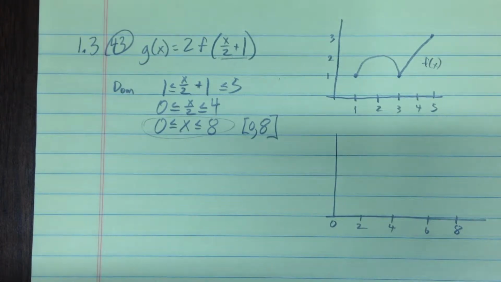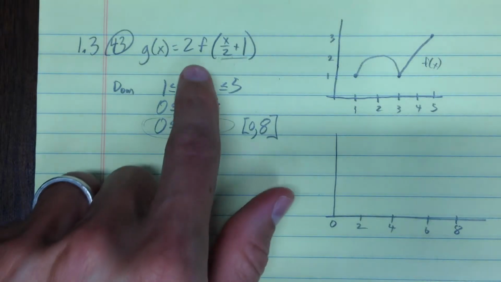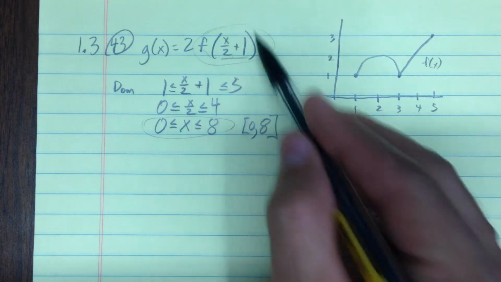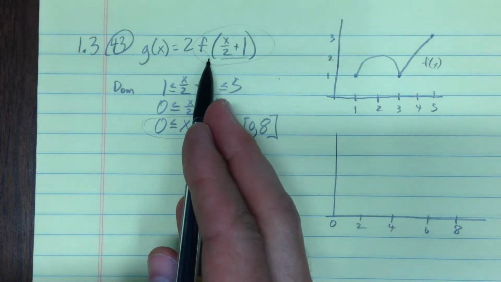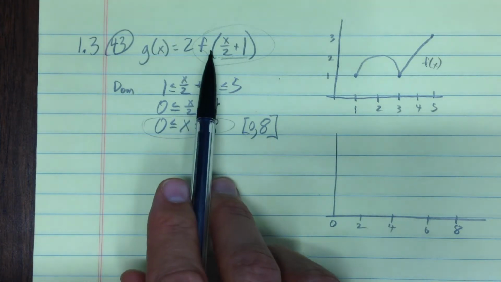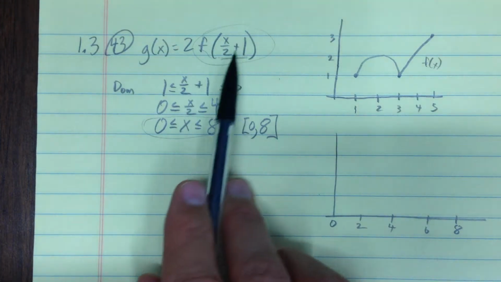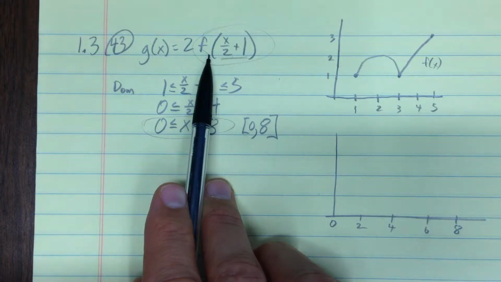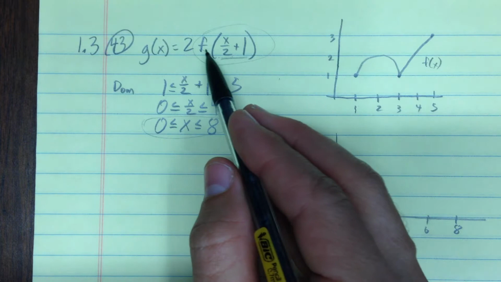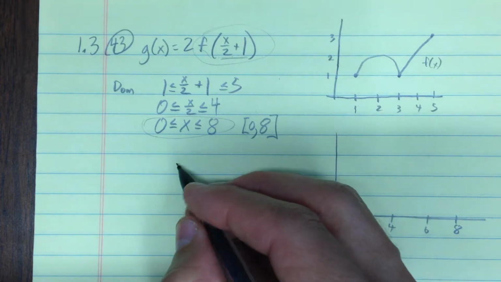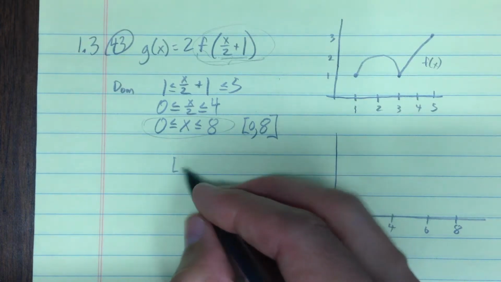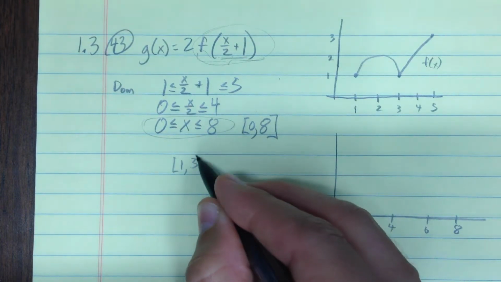Okay, how about the range? Well, notice what's happening to the outputs here. The outputs that f can produce are between 1 and 3. So I'm going to look at this a little bit differently. Any output of f is between 1 and 3.